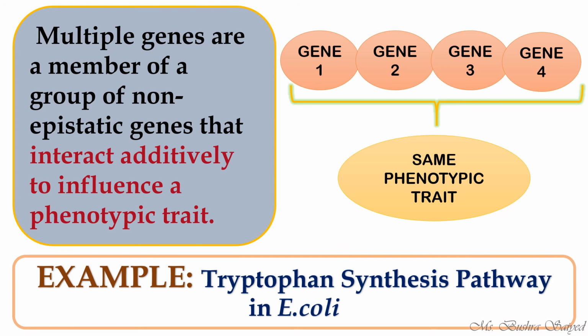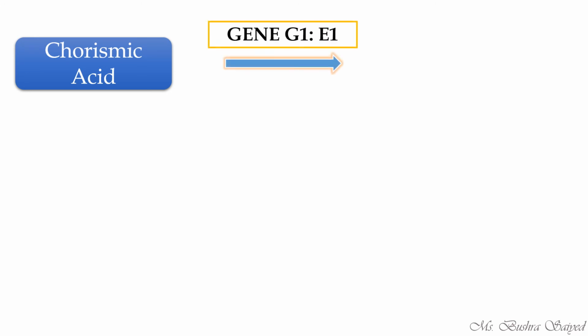Tryptophan is nothing but an amino acid. So the tryptophan synthesis pathway in E. coli is the example that we need to study for multiple genes. First you need to know what the tryptophan synthetic pathway is. It means how tryptophan is formed in the bacterium E. coli. Chorismic acid is the precursor, in the presence of gene 1.